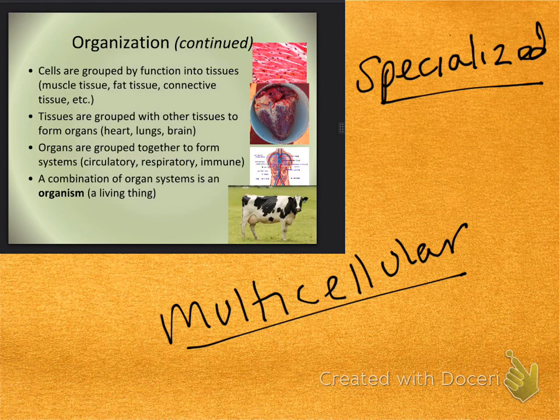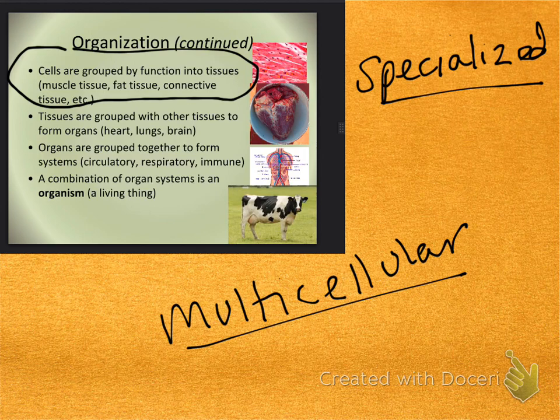So within bodies of multicellular organisms, all of those special cells are grouped together, and they're grouped together to form tissue. So the muscle in your arm is muscle tissue made up of a bunch of little muscle cells put together.